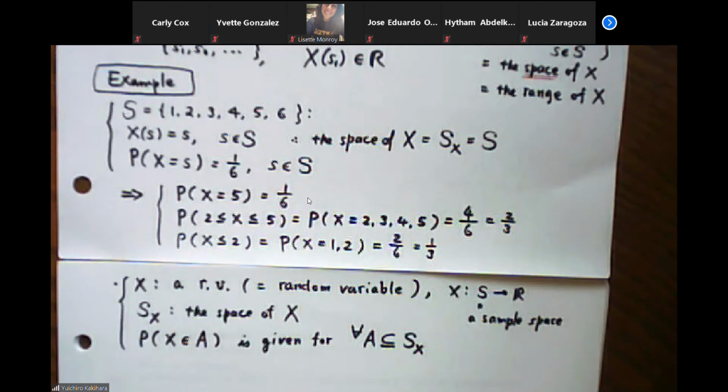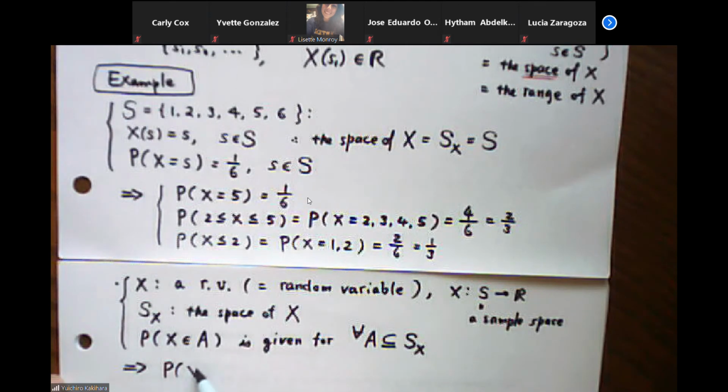Then we say that the distribution of probability associated with the space S sub X of X is identified.